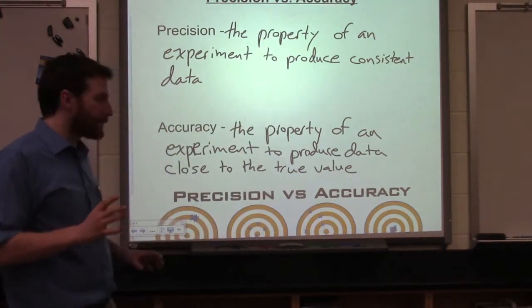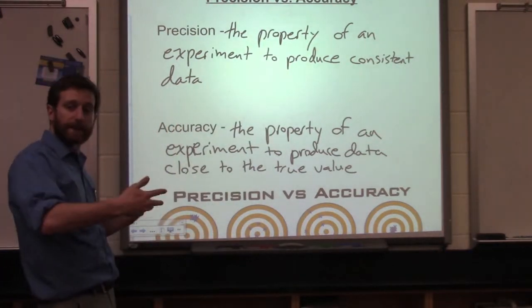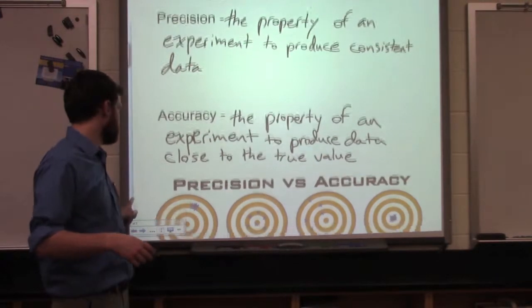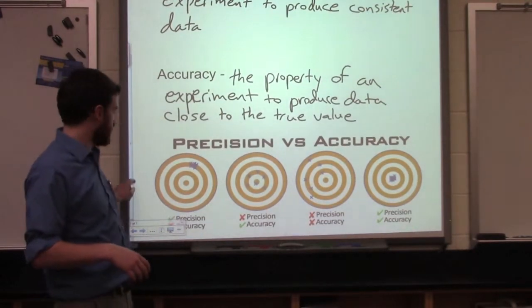So we can often think of these two properties of experiments as where you fall on the bullseye.